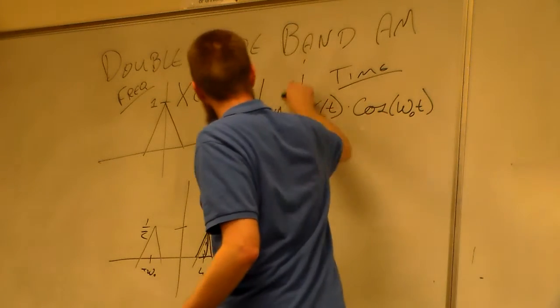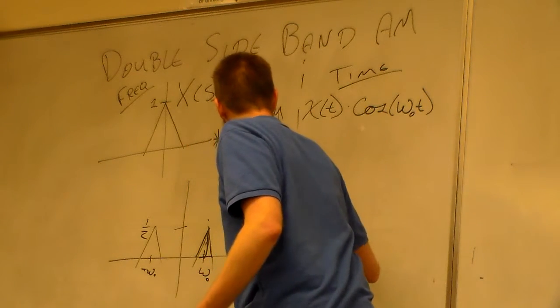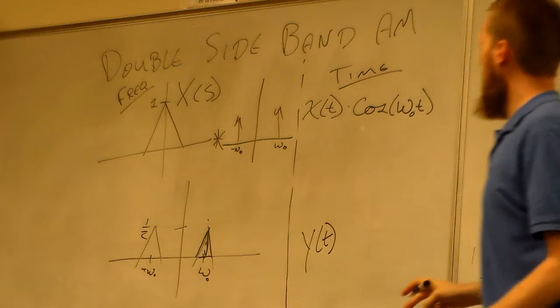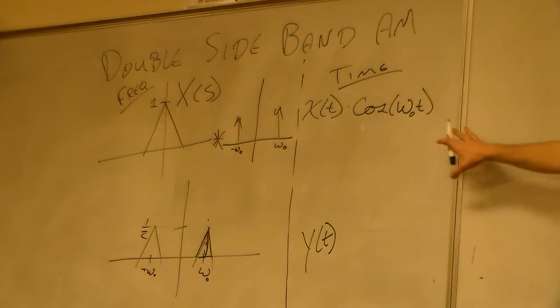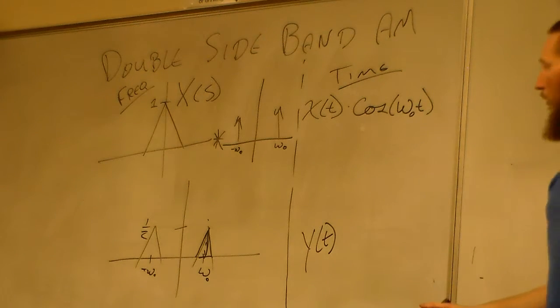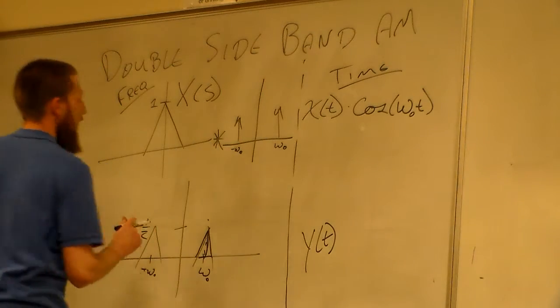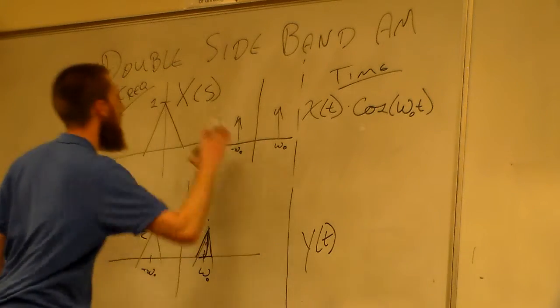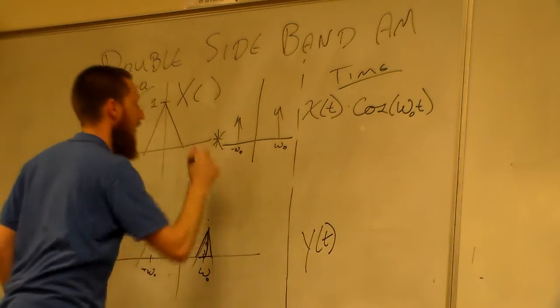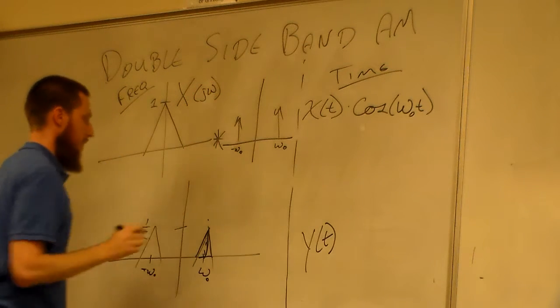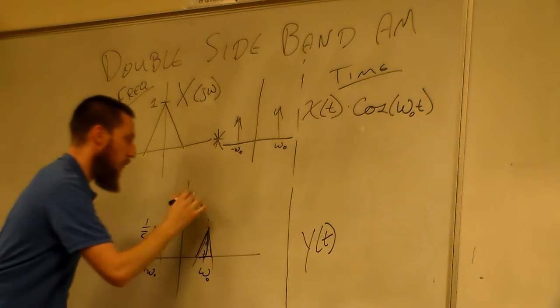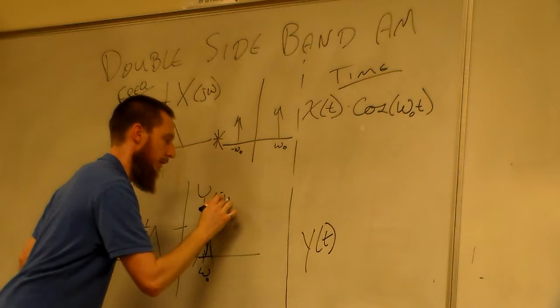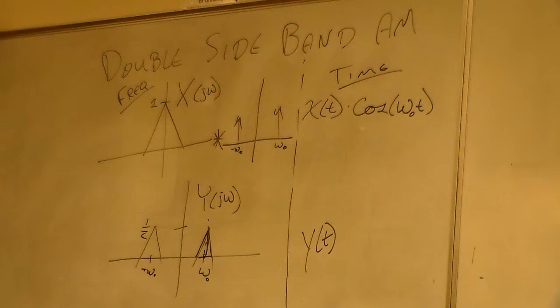So this one I'm drawing in the time domain. So this is y of, oh shoot, this should not be s. This should be j omega. This should be y j omega. I like Laplace transform, so I always try to go there.